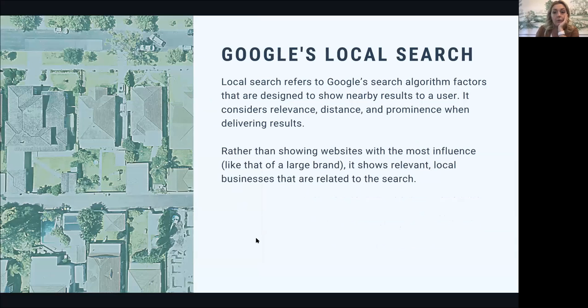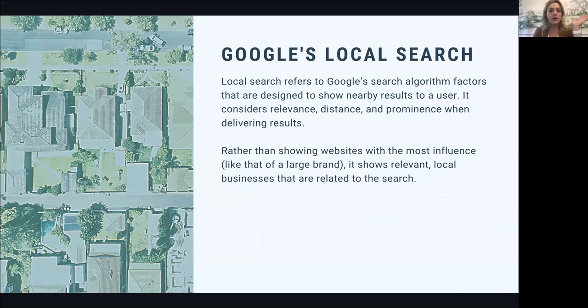Let's talk about Google's local search, okay? The local search is actually fantastic. Have you ever Googled something and then Google's like, can we use your location to do a Google search? And then you press yes or no. And sometimes you have search location automatically on.